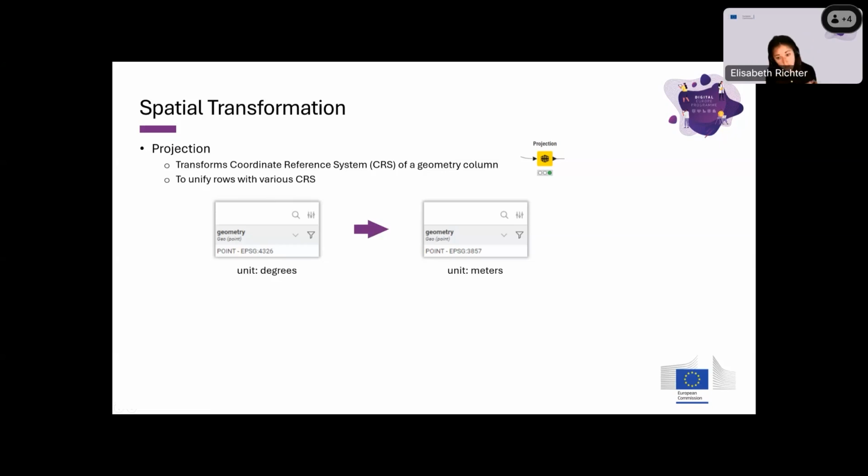Sometimes this is not really what you need or useful for your application, so you can transform to a different CRS, and then the unit is meters. This is basically the idea. It's just to transform, but there are many different coordinate reference systems.